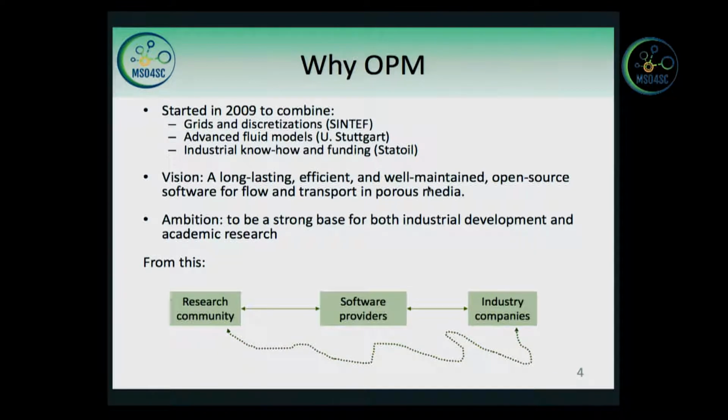So, we're trying to go from this picture below, which is kind of an exaggeration of the way it was before, where industrial companies get their software from software providers like Schlumberger, others, and these companies again have research contracts with research institutes and other research communities, and it takes a long time for new things from research to make their way through the providers into the software and then into the industry.